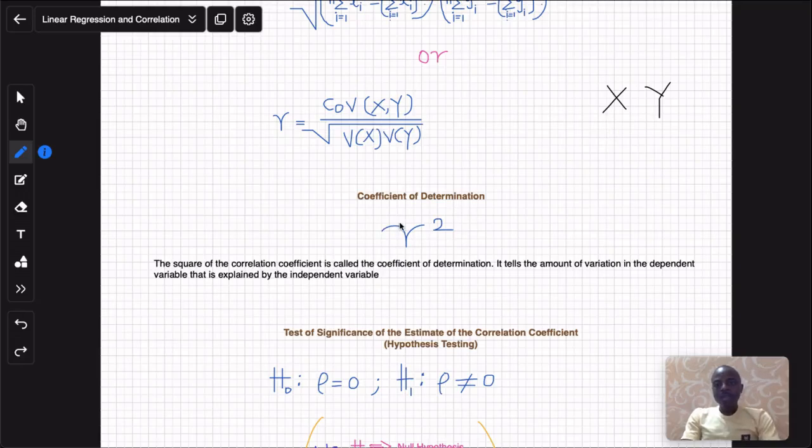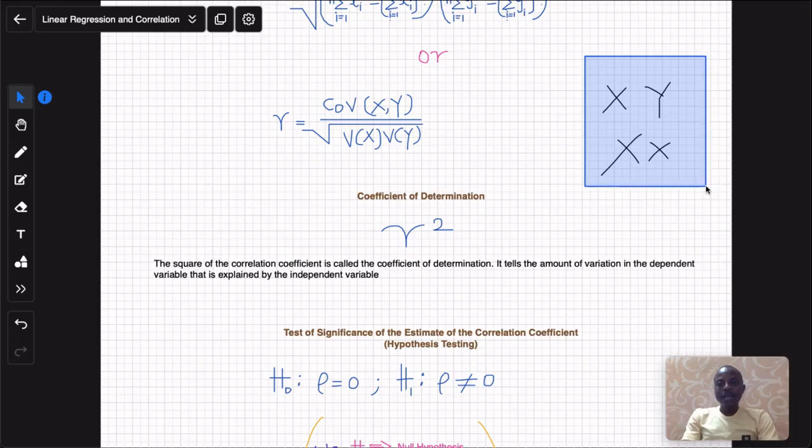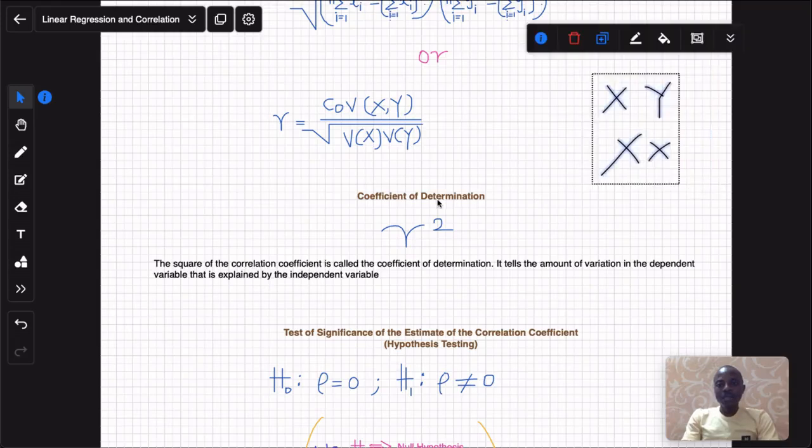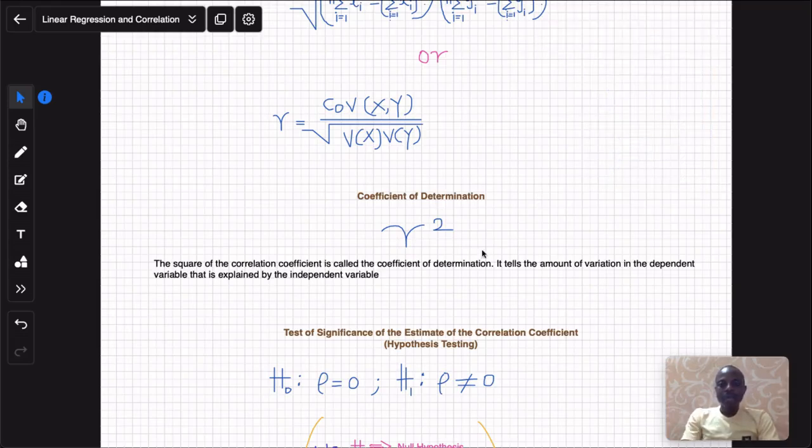If the two are dependent variables, then the interpretation of your coefficient of determination may not really make any sense. So be mindful of that.